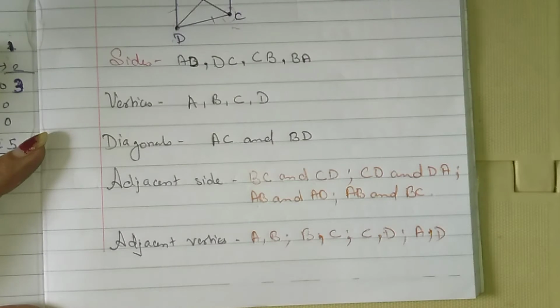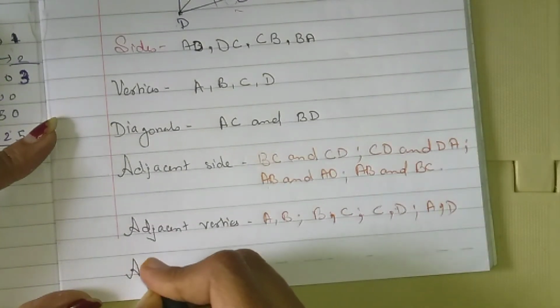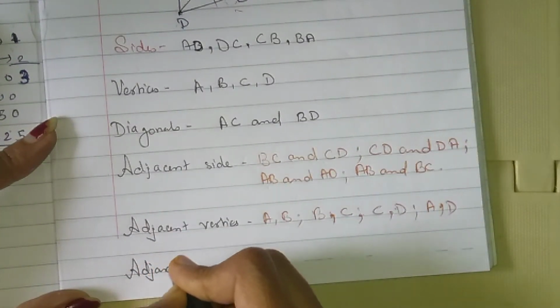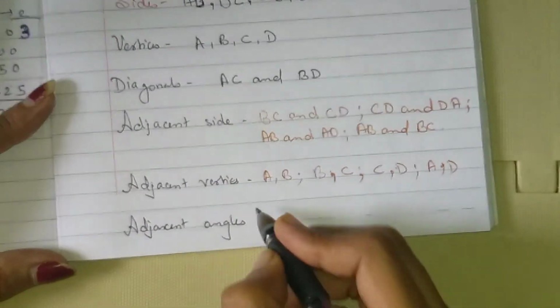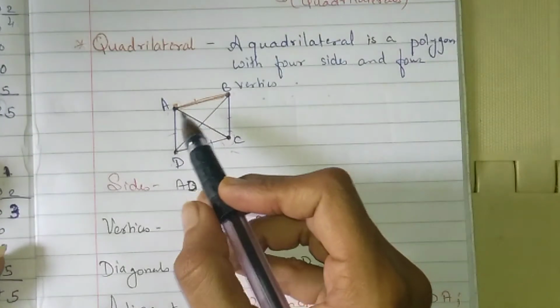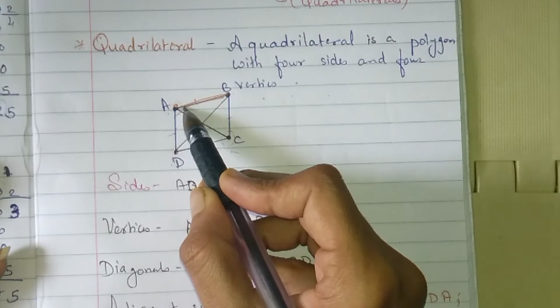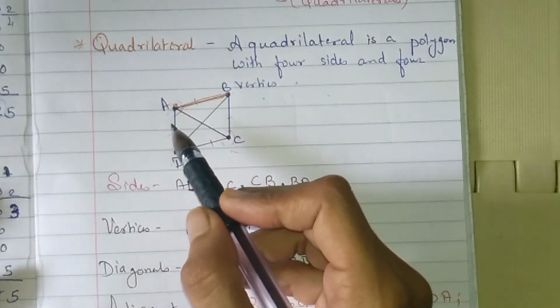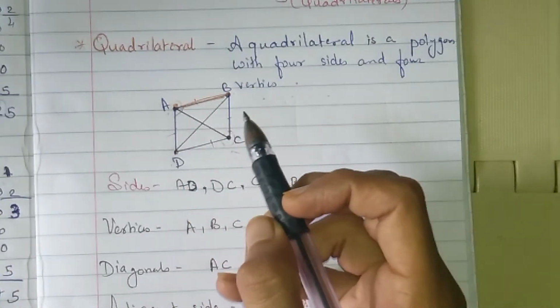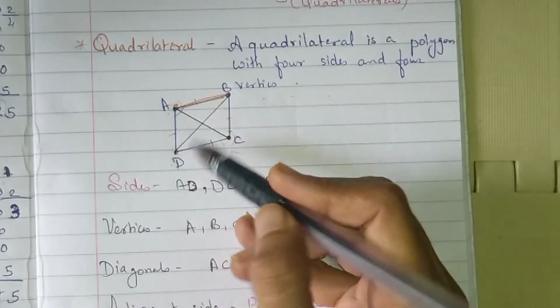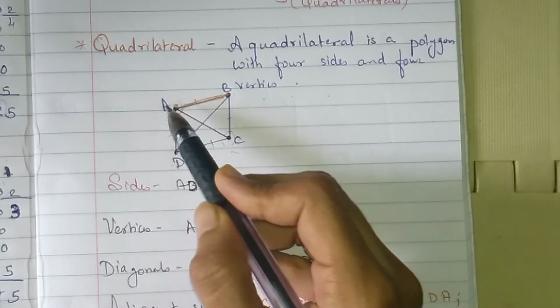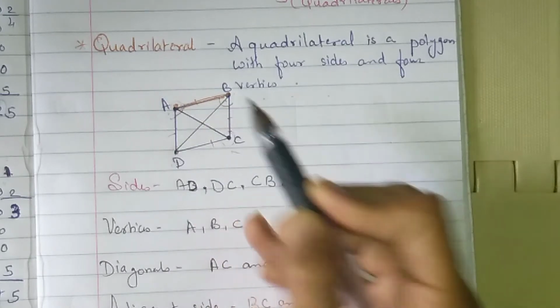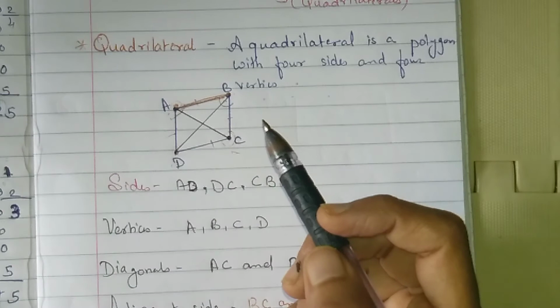Now we'll write adjacent angles. Which are the adjacent angles in that? Whichever we can take one line segment. If we take this edge, then angle A and angle B. We have to see the endpoints only.